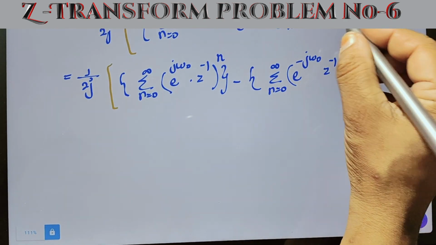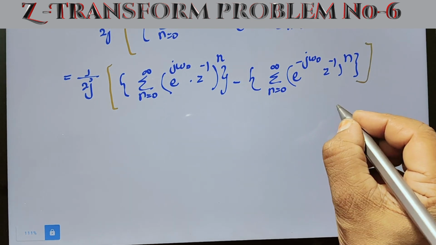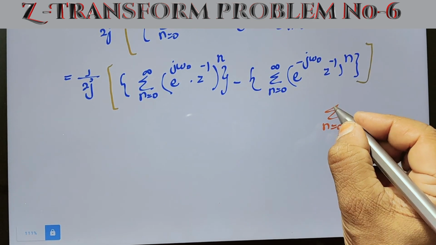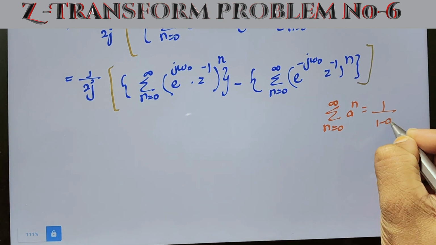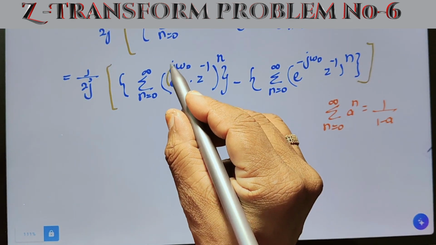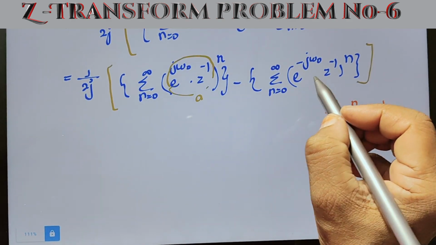Next, apply the limit. We know the formula: summation n equal to 0 to infinity a power n equals 1 by 1 minus a. Let us consider the whole term as a, likewise here also.